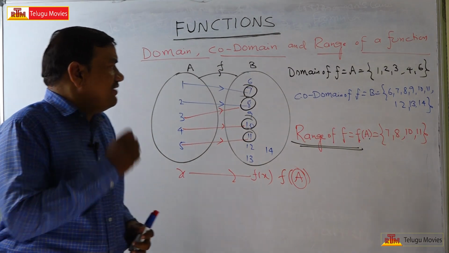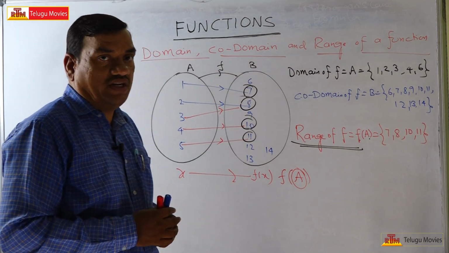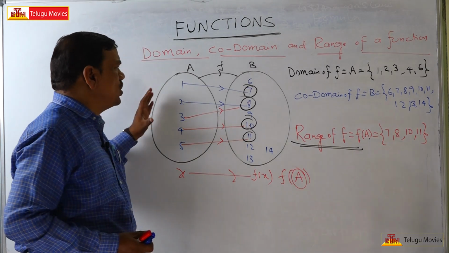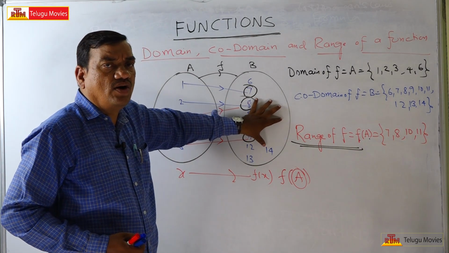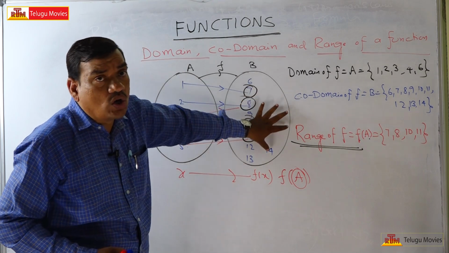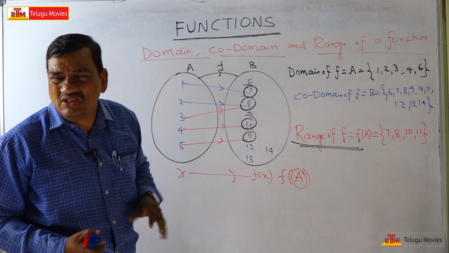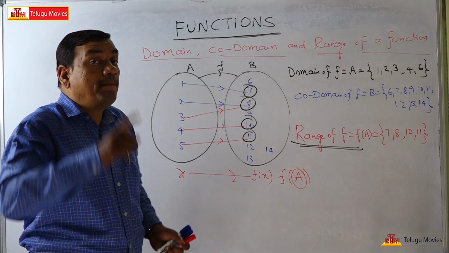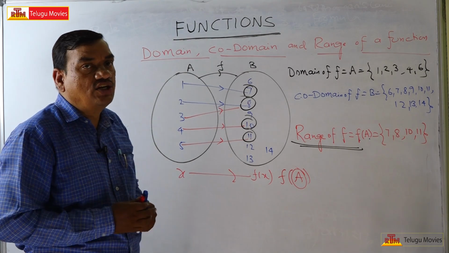From this, a very important conclusion we can get. The first conclusion is that the domain may or may not be a subset of the codomain, and the codomain may or may not be a subset of the domain. We cannot be sure. But one thing is sure. What is that?